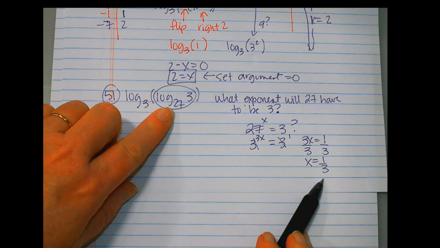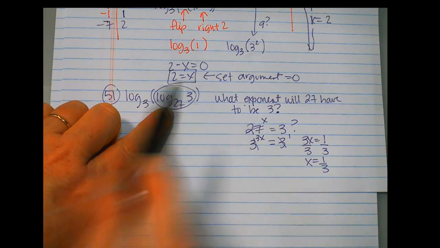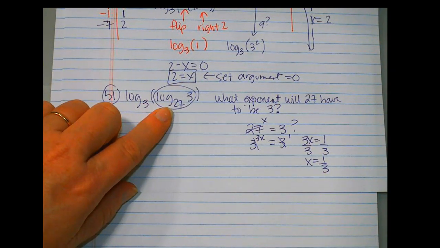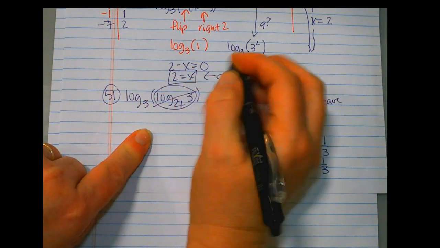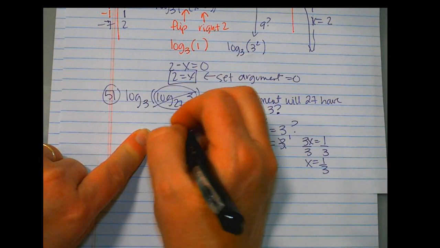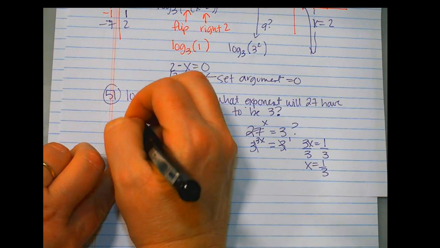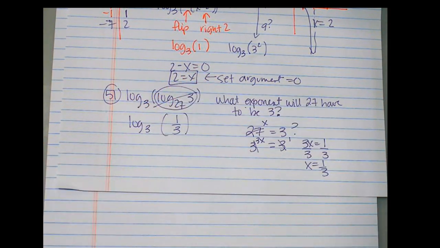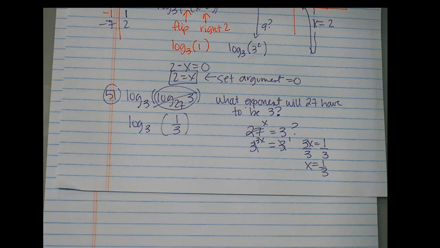So we solved this. 27 to the 1/3 is 3. And that's true. The cube root of 27 is 3. So I'm going to replace this with 1/3. So the answer is going to be -1 because, are we on 51? Yeah. Because now we have to do it again.